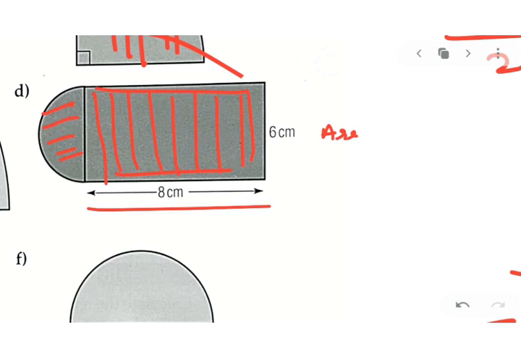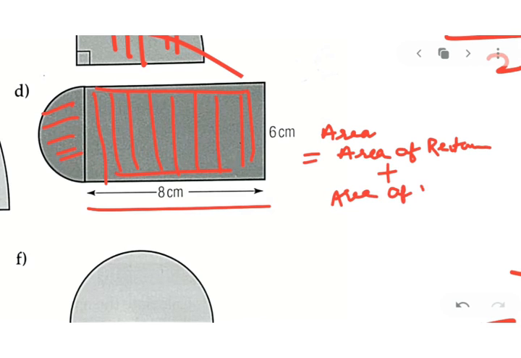So, area of this structure will be equal to area of rectangle plus area of semicircle. For rectangle, area is length into breadth, plus for semicircle, it is pi r square upon 2.